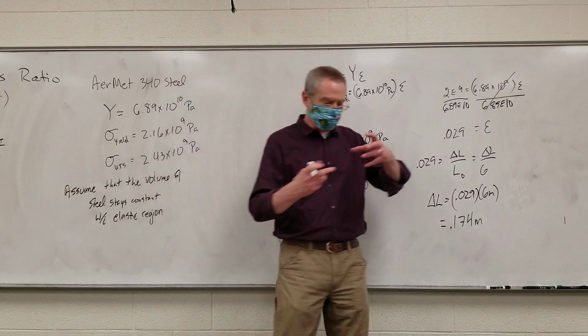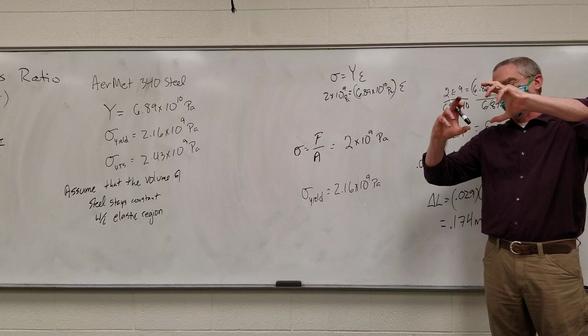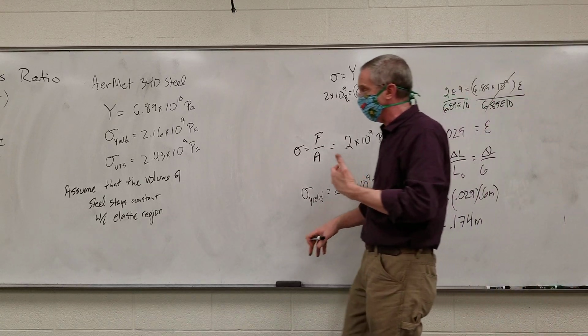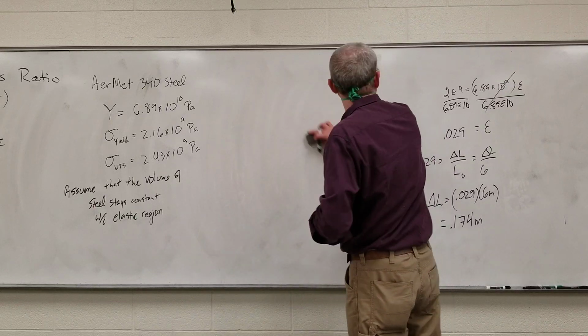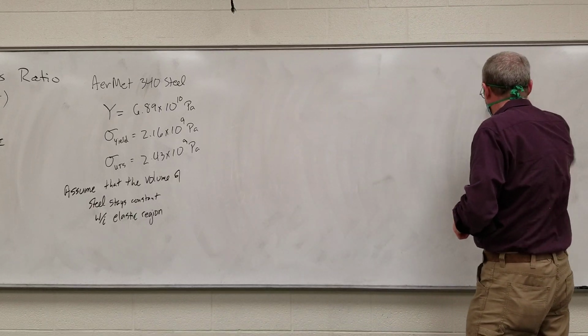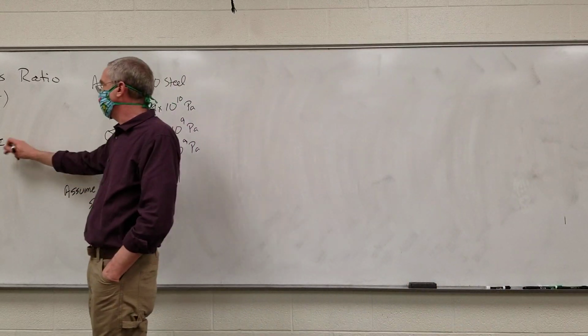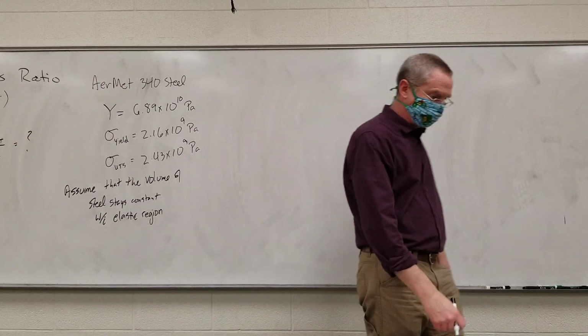In reality, the molecules that are holding each other together, and the way that they are bound to each other, is going to change, and so the volume is not going to stay constant in reality. However, we will work with that assumption. And what I want to know is, what is Poisson's ratio if this is true?